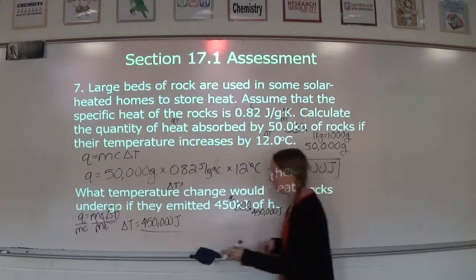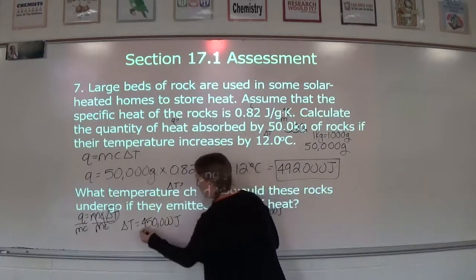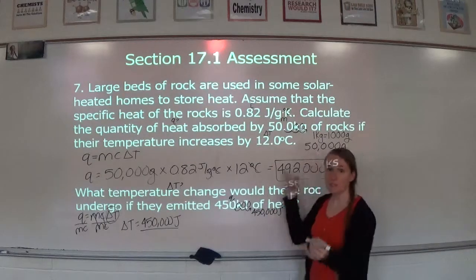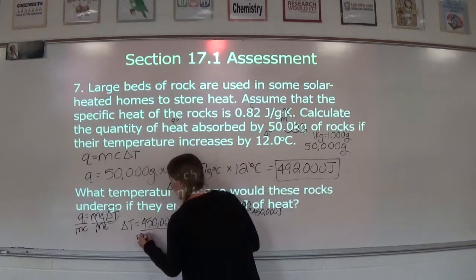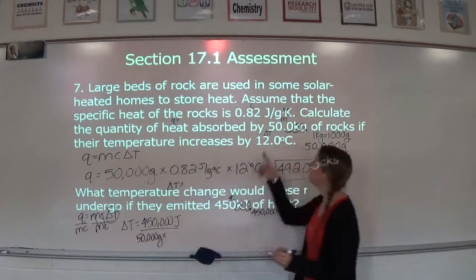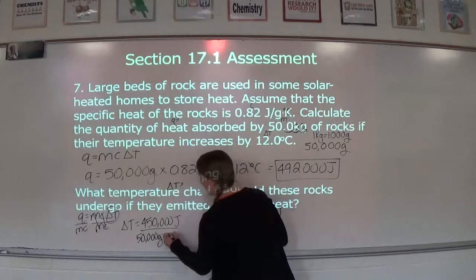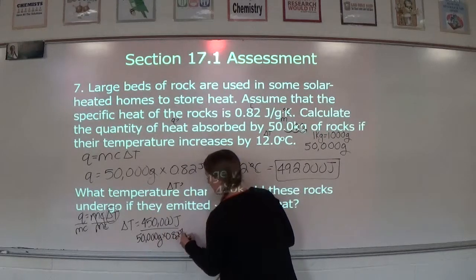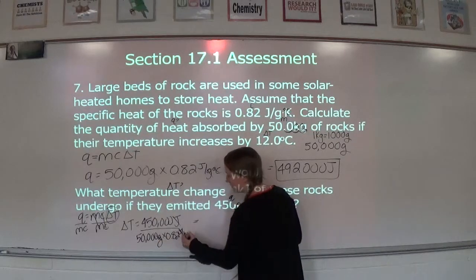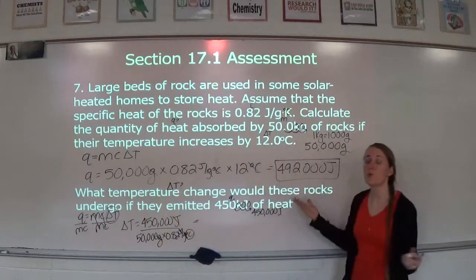All right, and then, whoa, my line is terrible. Sorry about that. All right, and then we put our mass on bottom, which we decided our mass was 50,000 grams in the previous part, times our specific heat, which it told me was 0.82 joules per gram degrees Celsius. So in this case, my joules and my grams cancel, and I'm left with degrees Celsius or Kelvin.